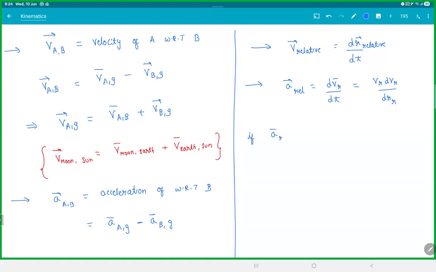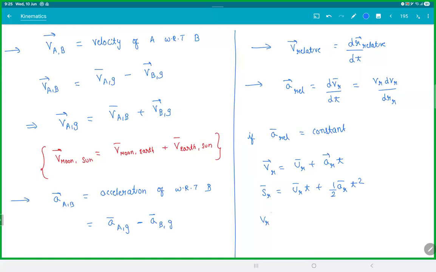If a relative is constant, like I said, once you subtract the velocity, it is just your regular kinematics. Then we can use the equation v final relative is equal to u relative plus a relative t. The three equations are valid. S relative is u relative times time plus half a relative times time squared. I am putting it in vector form.